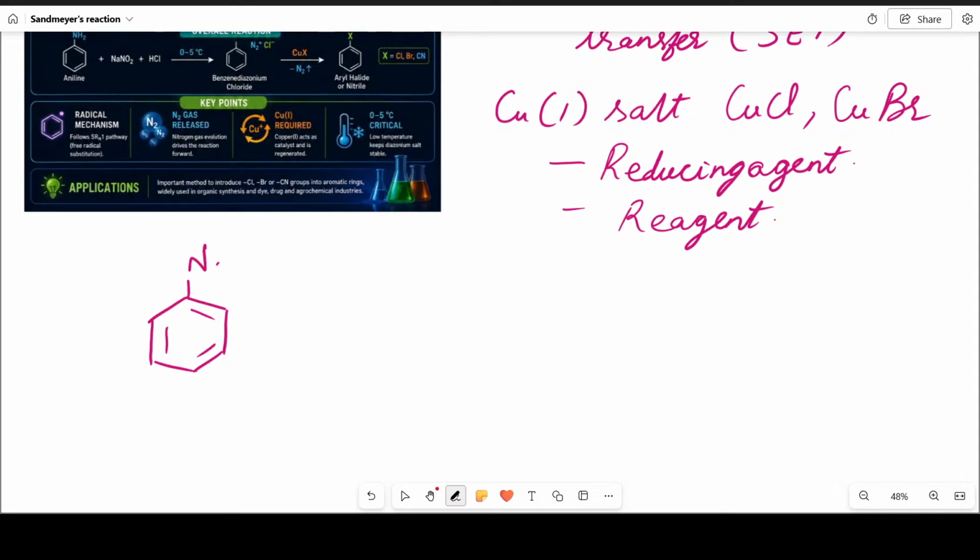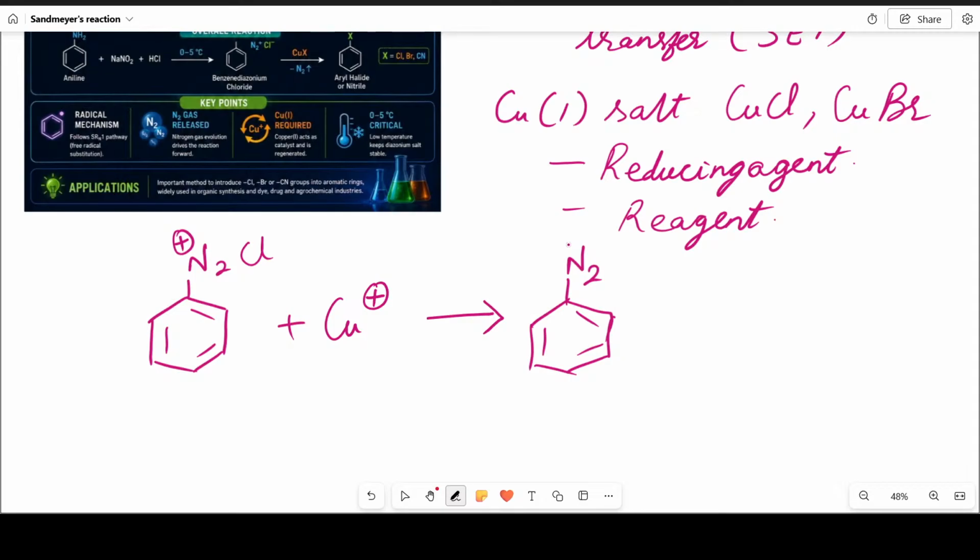You have C6H5N2+. This is the ion, without the Cl, not the salt. So Cu+ will give one electron to the benzene diazonium ion.